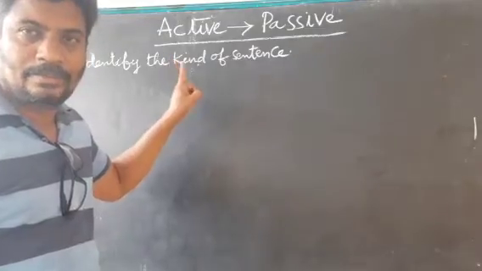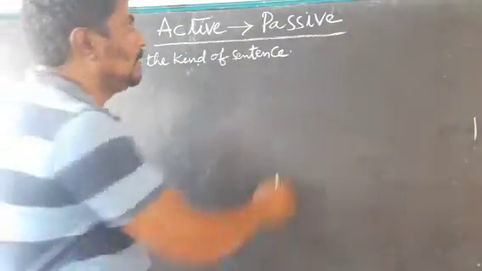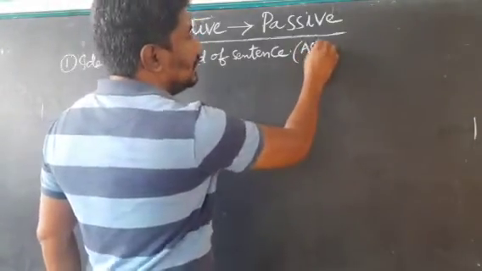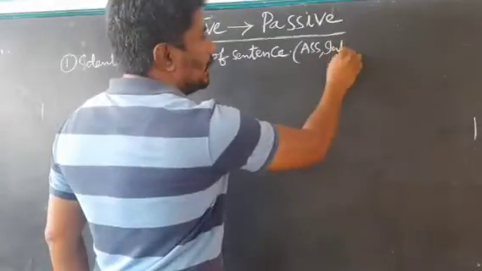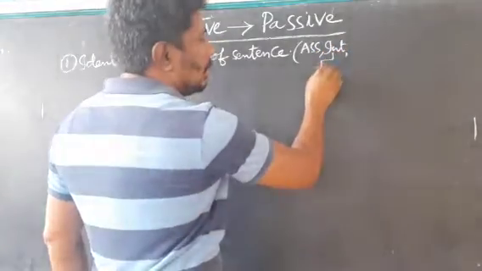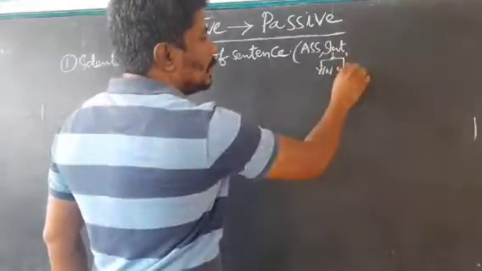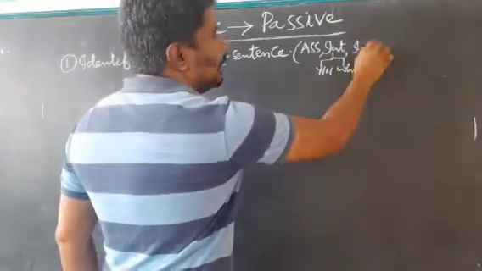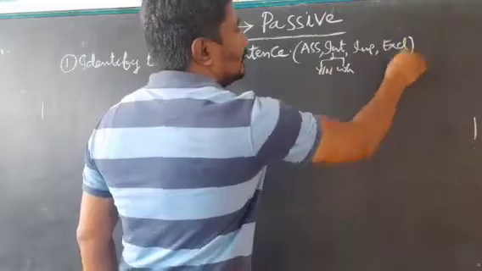This is the first step. That means whether the given sentence is assertive, interrogative, yes/no interrogative or WH interrogative, imperative or exclamatory.